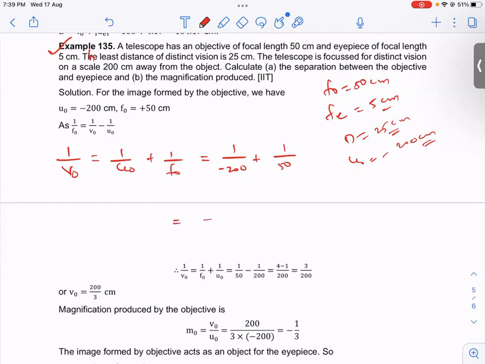So it will be minus 1 by 200 plus 4 divided by 200. So it is 3 divided by 200. This is 1 by V naught. So V naught will be 200 by 3 centimeter. Okay.